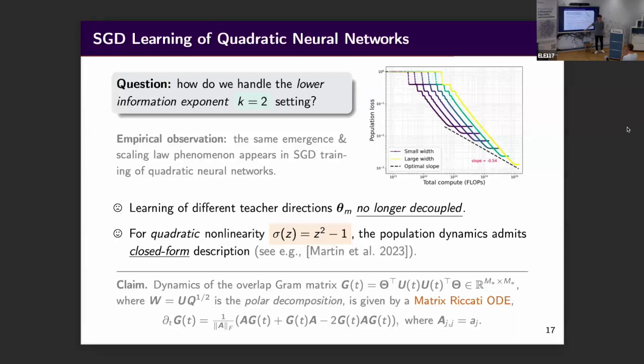So this is a quadratic ODE, and it has a closed form. For this quadratic case, instead of using the decoupling trick for high information exponent, we'll just use the closed form for the population dynamics to do the analysis.